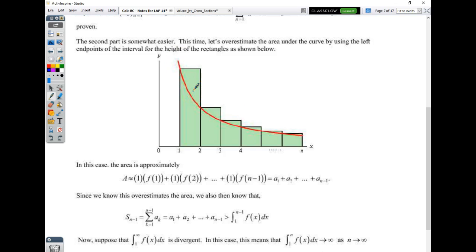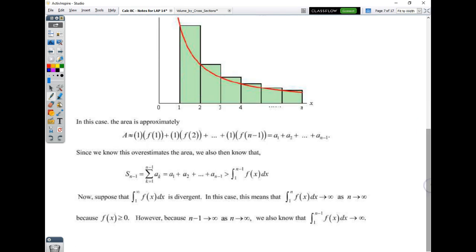Okay, now let's assume that the integral diverges. If the integral diverges, and this is bigger than the integral, then that means that my series must diverge, right? But what that does is it tells me that this integral down here, since that goes to infinity, this piece right here tells me something else useful.